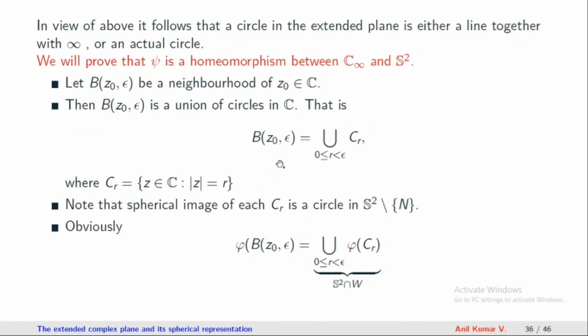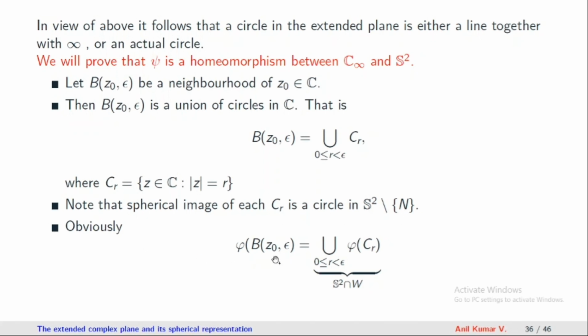And note that the spherical image of CR is again a circle in S2 minus n. Here CR is a circle in C, therefore its spherical image is also a circle in S2 minus n.